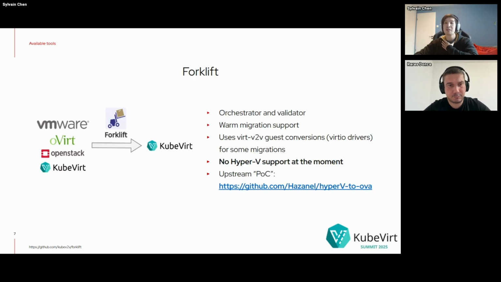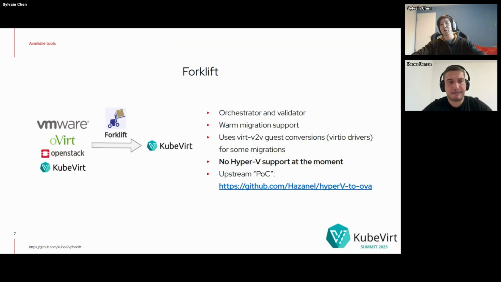Unfortunately, in this project there was no Hyper-V support, so we couldn't use it. Overall, Forklift is a very nice project with an operator, so we have new CRDs, and even a UI to orchestrate and plan the whole migration.